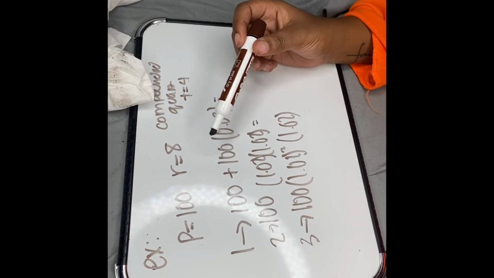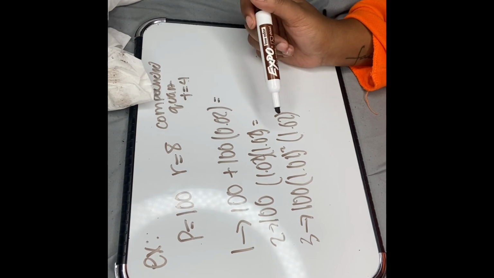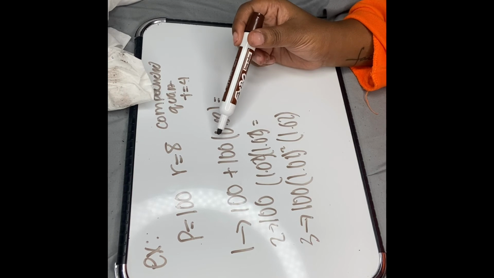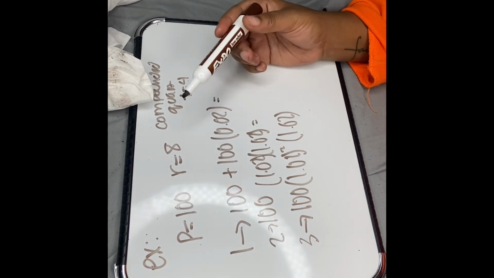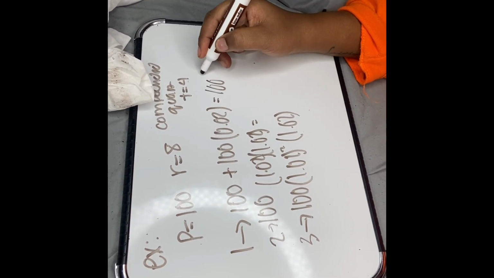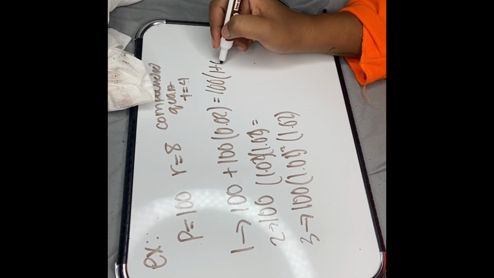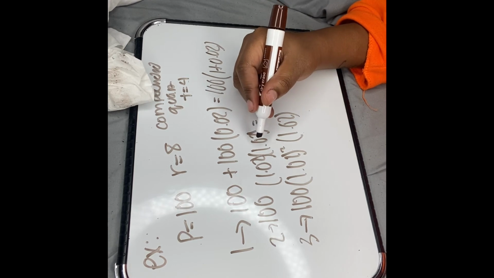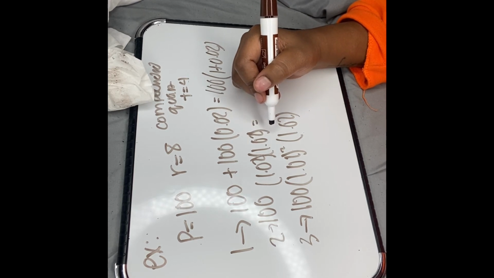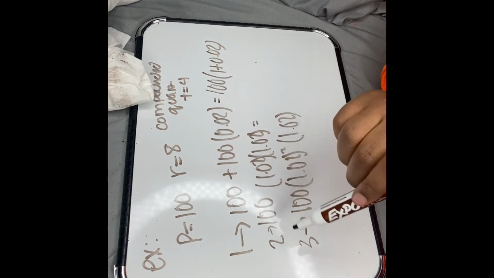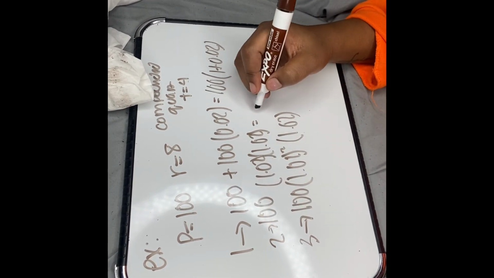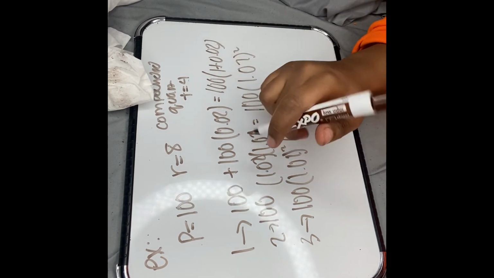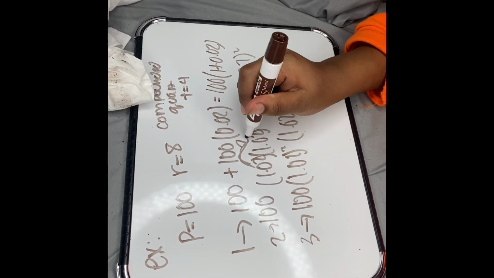Okay, so given an example, we have P equals 100, R equals 8, compounded quarterly, so T equals 4. For the first one, you have 100 plus 100 times 0.02. That would give us 100 times 1 plus 0.02. For the second one, you have 1.02 times 1.02 times 100, which will give us 100 times 1.02 squared, because these two are the same thing, which will make that squared.